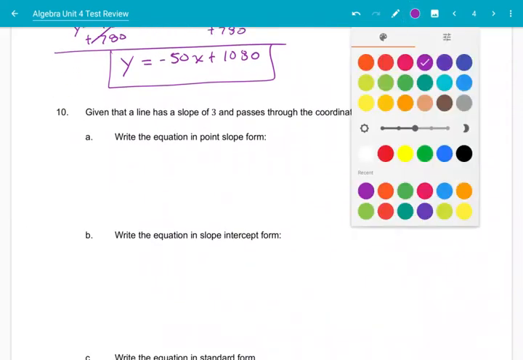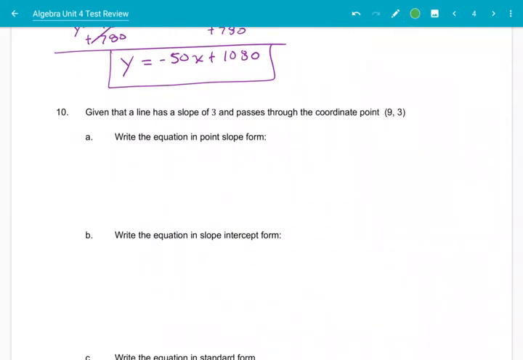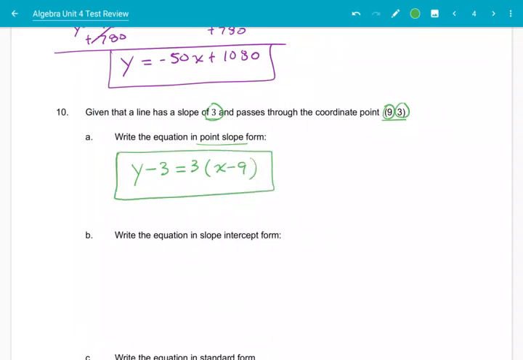Let's look at this next one. Given that the line has a slope of 3 and passes through this point, write the equation in point-slope form. Okay, well, it's y minus the y value equals slope times x minus 9. Well, that was easy.